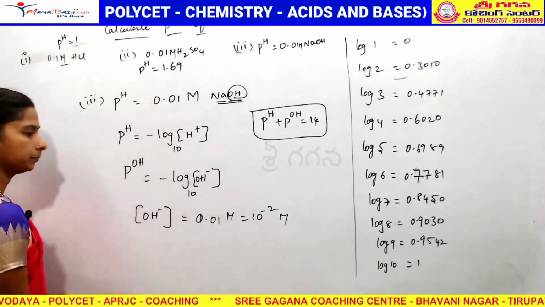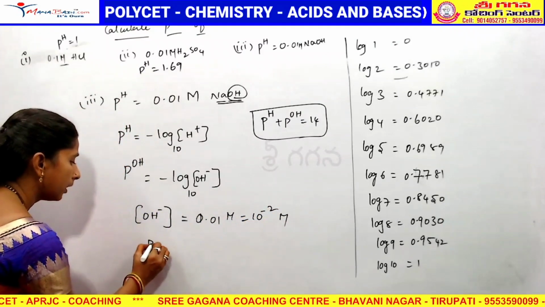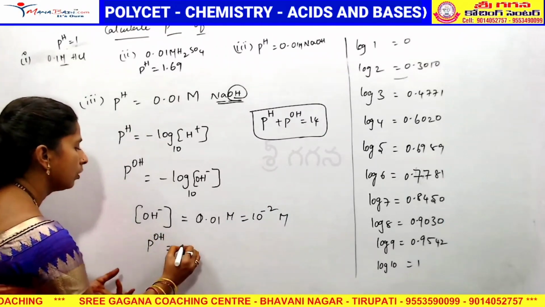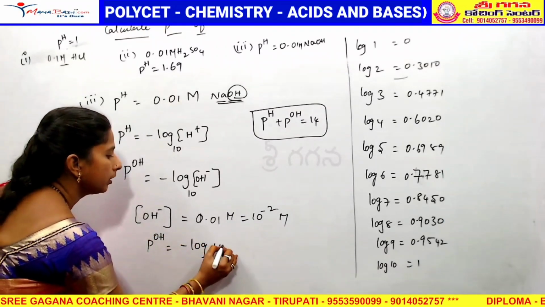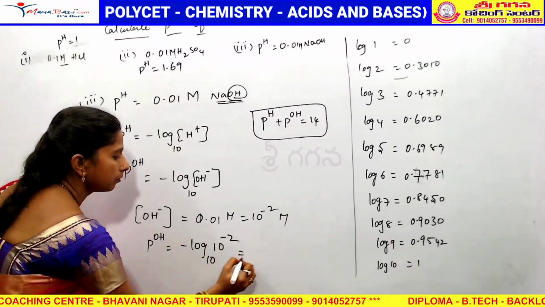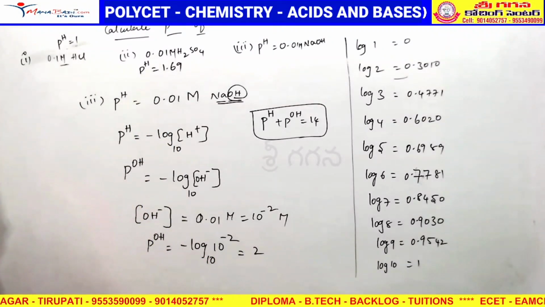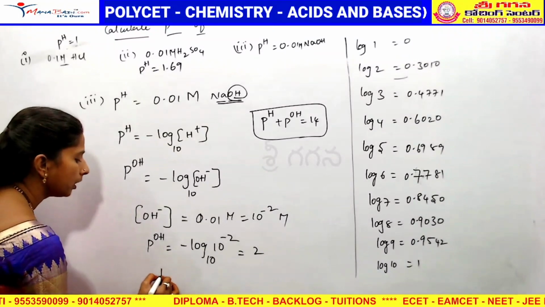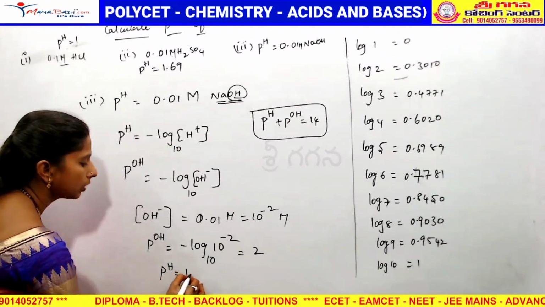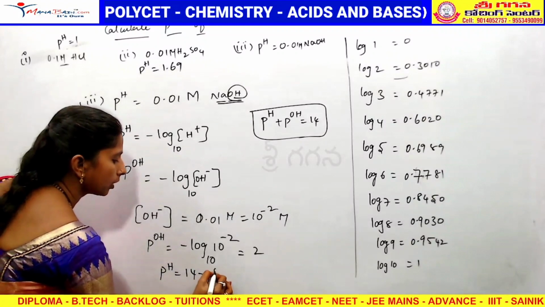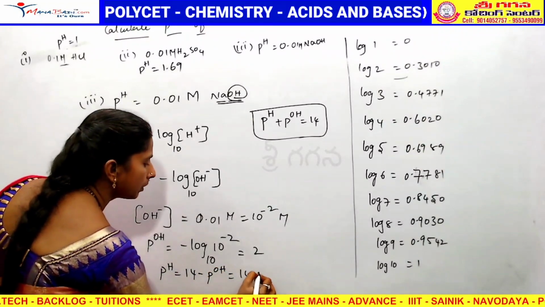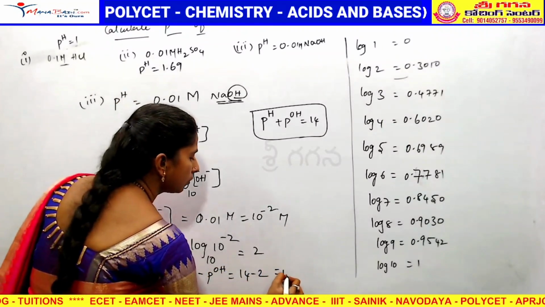So pOH is equal to minus log 10 power minus 2, base 10, which means pOH is equal to 2. From this, pH is equal to 14 minus pOH, which is 14 minus 2, equal to 12.